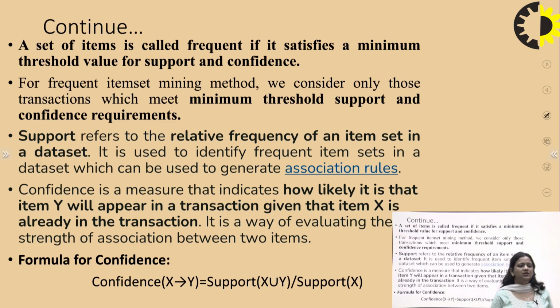Now, confidence. What is confidence? The Apriori algorithm is used to find the association rules. Confidence is a measure that indicates how likely it is that item Y will appear in a transaction given that item X is already in the transaction.